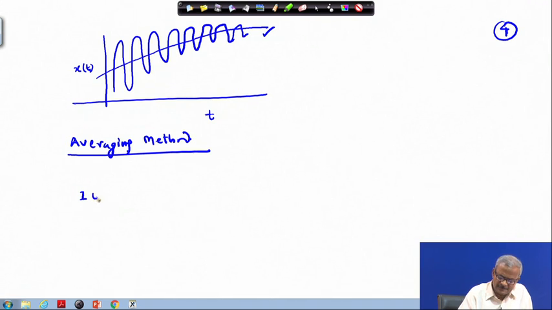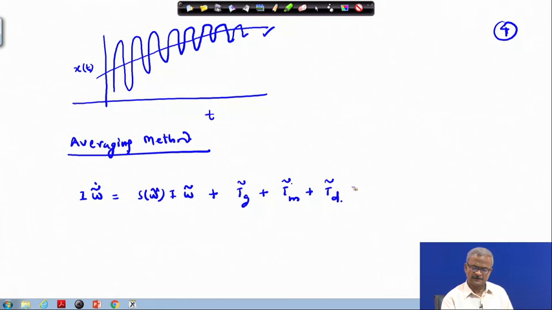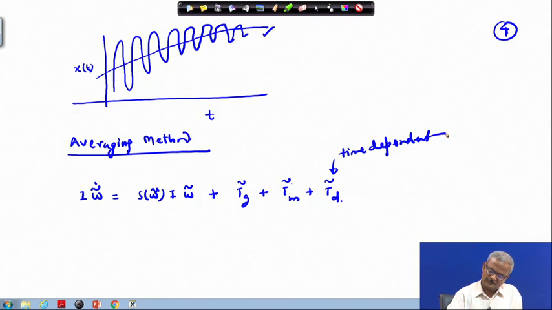So, your equation is I times omega tilde dot equal to S omega tilde, T gravity gradient plus T due to the magnetic and T due to the disturbance. This may be time dependent, this is also time dependent.